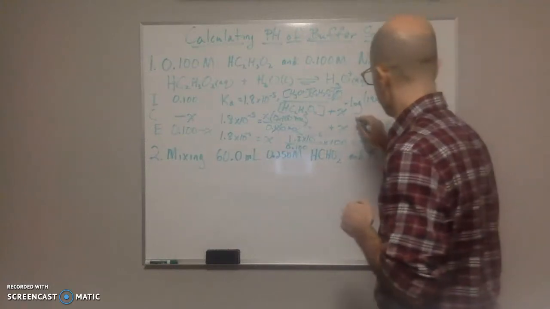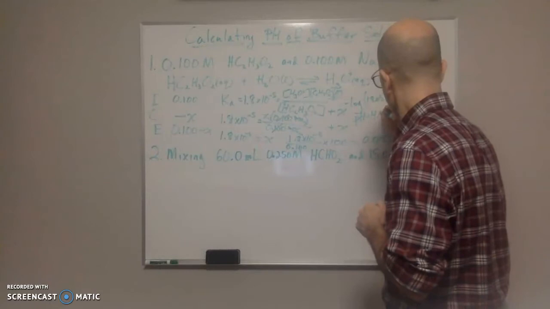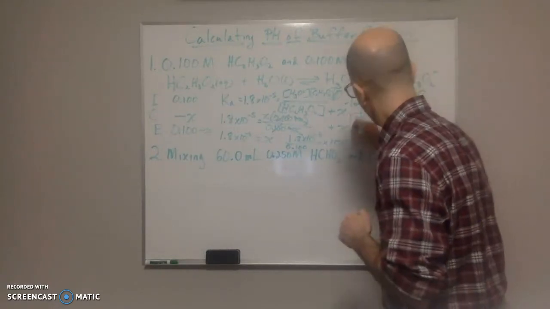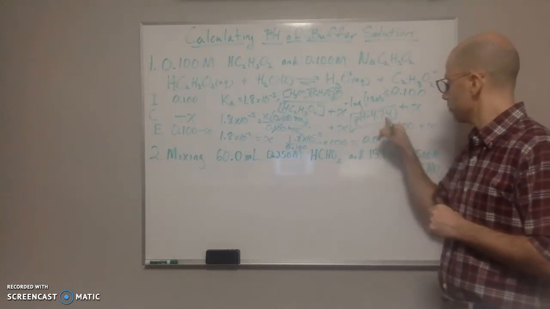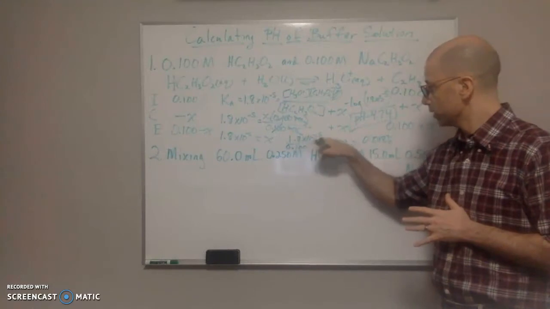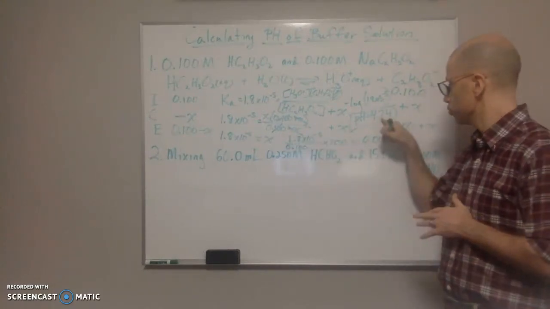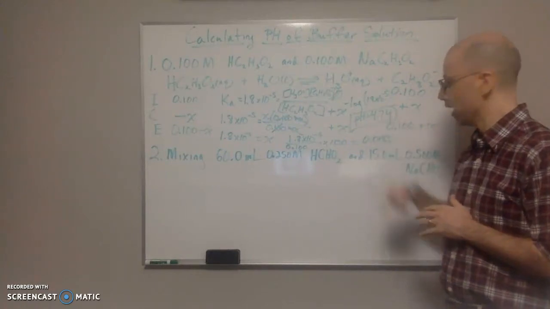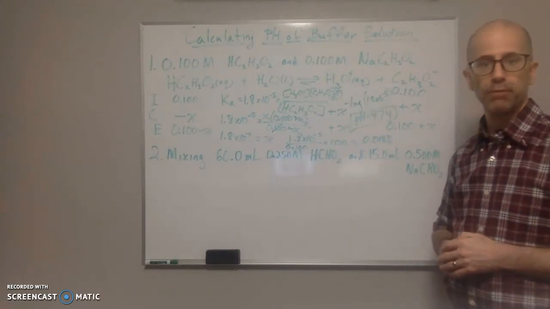So the pH is equal to 4.74. And again, notice that when I take the log of 1.8 times 10 to the negative 5, I have two sig figs, which translates into 2 decimal places. Okay, that's how you find the pH of a buffer.